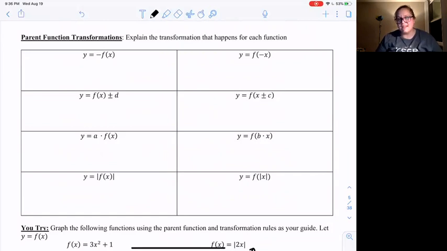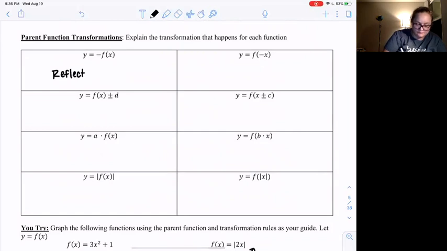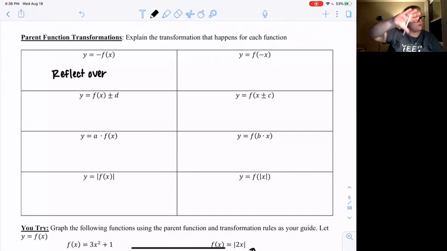It'll mix and match between them. Okay, so the first one we have is y equals negative f of x. When we have y equals negative f of x, that is going to reflect our function over the x-axis.